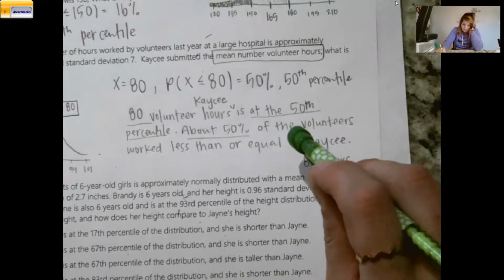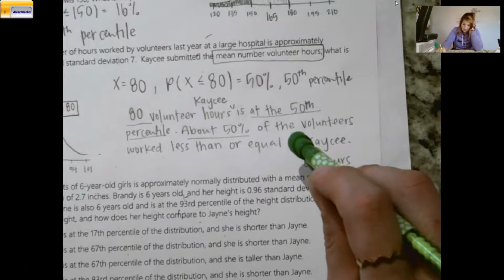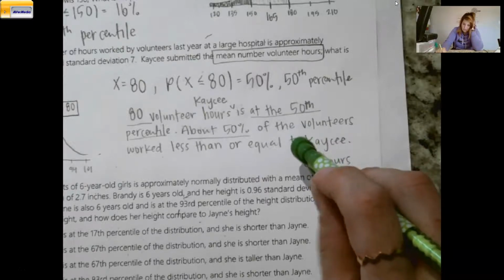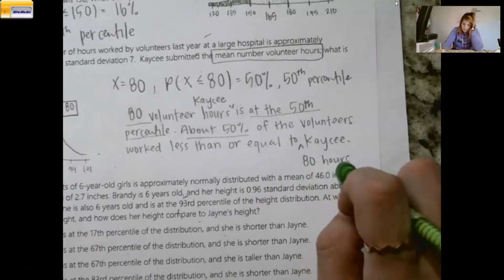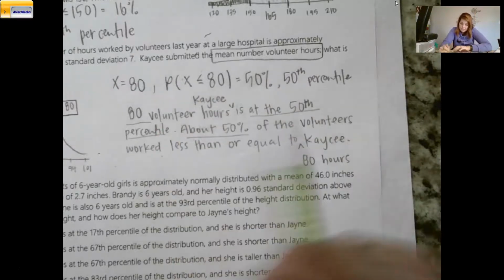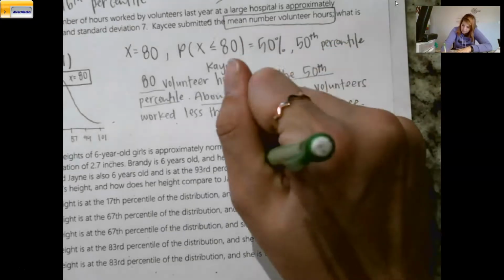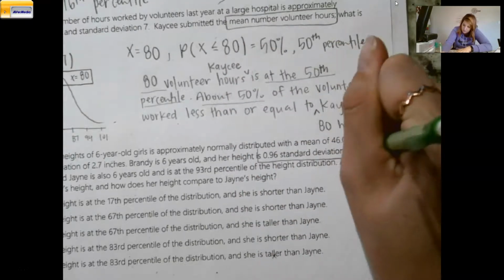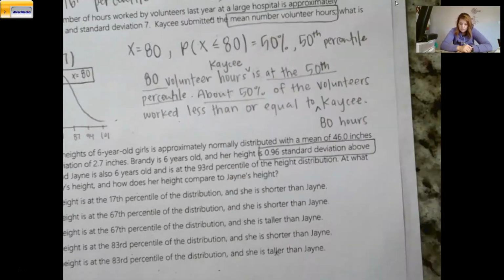Okay, the distribution of heights of 6-year-old girls is approximately normally distributed with a mean of 46 inches and a standard deviation of 2.7 inches. Brandy is 6 years old and her height is 0.96 standard deviations above the mean.